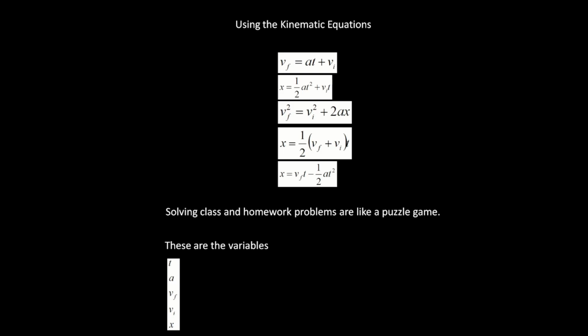And then when you have these variables, only certain equations will actually give you an answer, because maybe an equation has too many things you don't know. So for instance, if you only know acceleration and only know position, well then you can't use this equation because it has too many things that are still unknown for you to get a number.